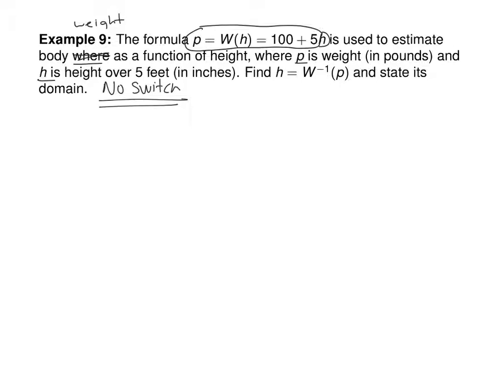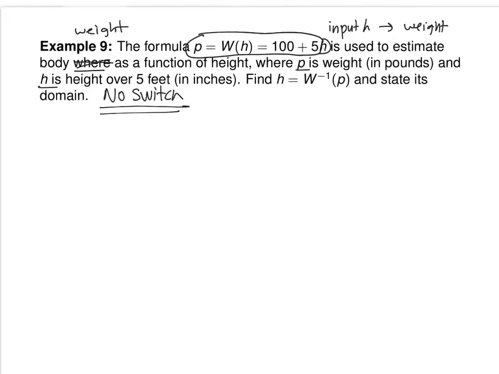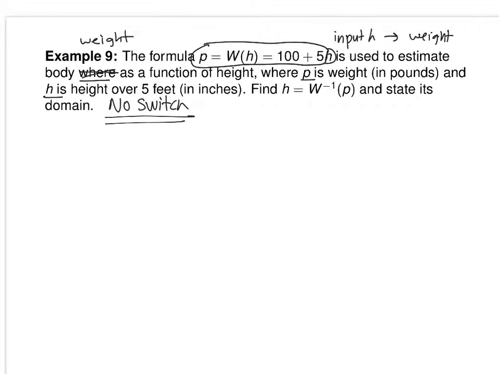So this equation, as we're given, you input H, and you get out an estimate of weight, right? With the inverse, you're going to input a weight, and out's going to come an estimate of that person's height. Does that make sense?